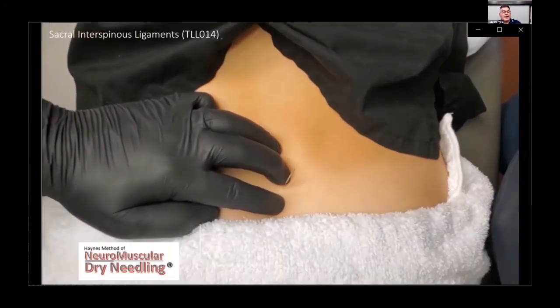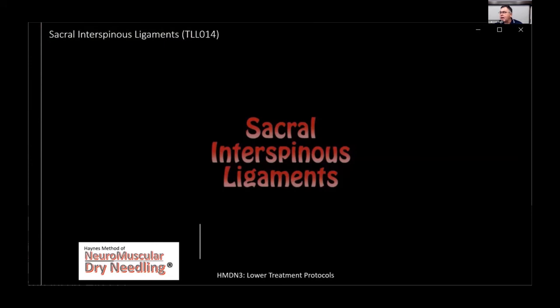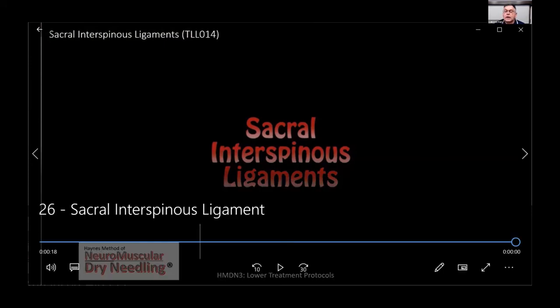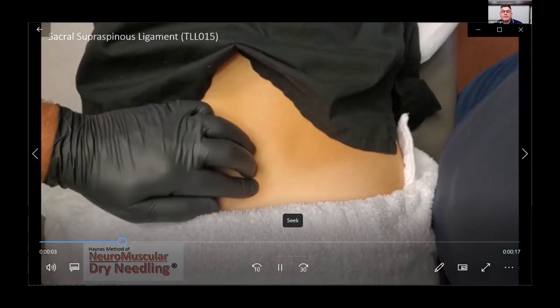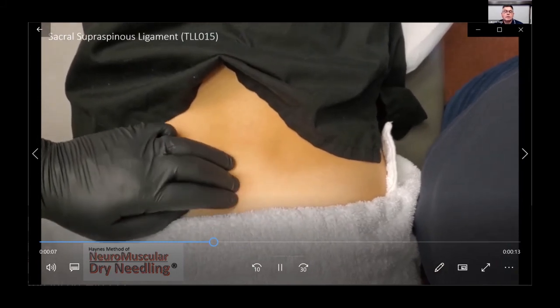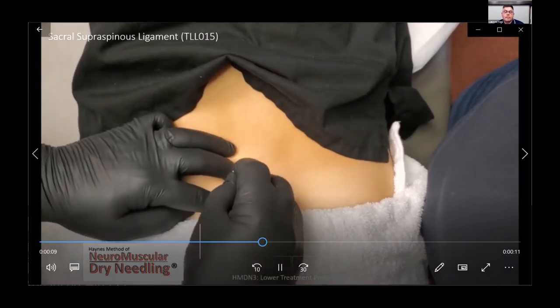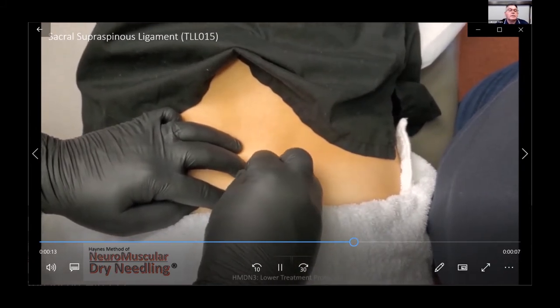But there, it's just going to be about a half a finger breadth lateral from midline, or the sacral spinous processes. And for the supraspinous process, it's going to absolutely be midline, for that ligament, for what higher up is the interspinous ligament.